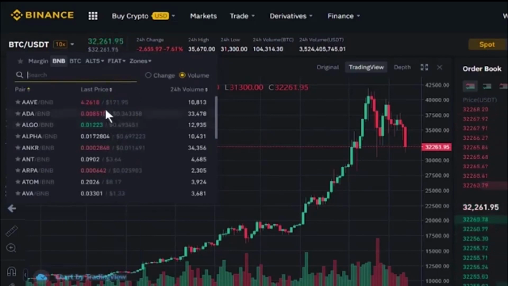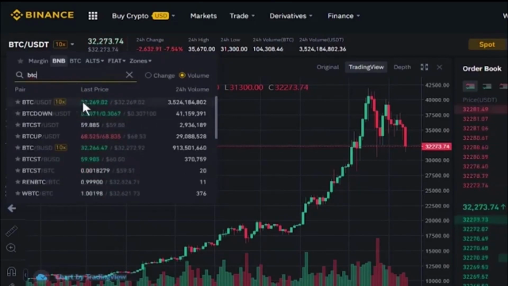For example, for Bitcoin, we search here BTC, and here, as you can see, for Bitcoin to Tether, BTC to USDT, we have volume of more than $3 billion for the past 24 hours. But for BUSD, for example, here, as you can see, the 24 hours volume is something like $900 million.